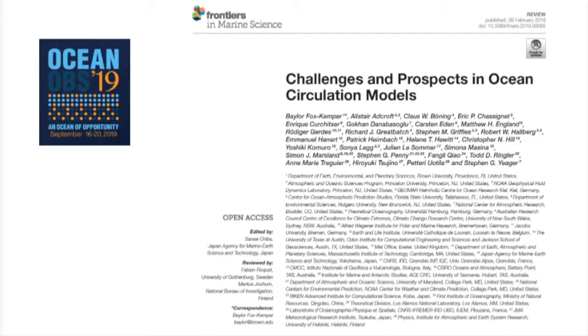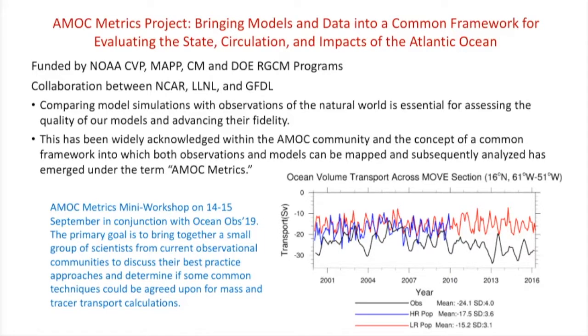And I would like to finish with one relatively new project, the AMOC Metrics project. It's a funded activity primarily by NOAA, 3 programs, CVP, MAP, and CN, and also the DOE RGCM program. That name has changed now, but in any case, it's a collaboration between NCAR, GFDL, and Lawrence Livermore National Lab.